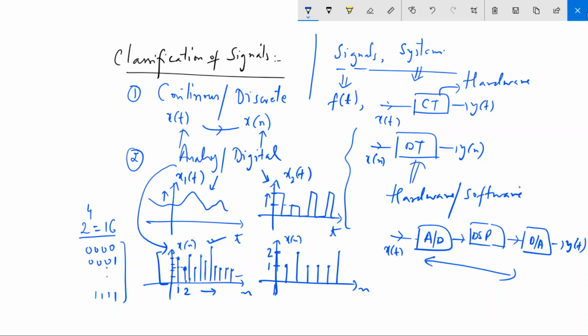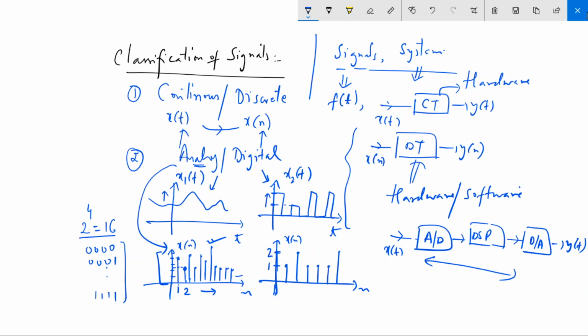But there is an option whether you want to process the analog signal using analog signal processing, or using digital signal processing. But we prefer DSP over analog signal processing for so many reasons. One of the reasons is the flexibility in the implementation.